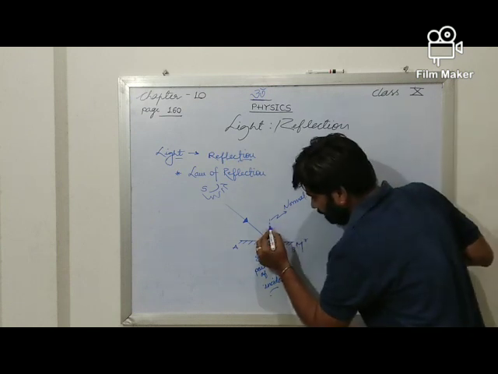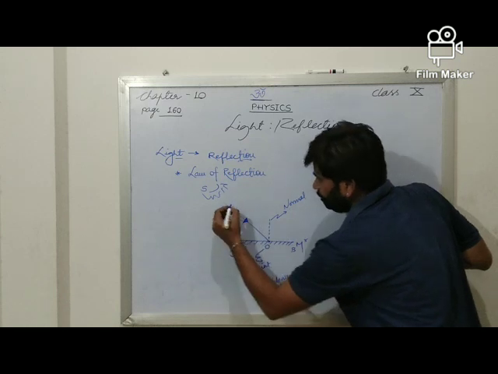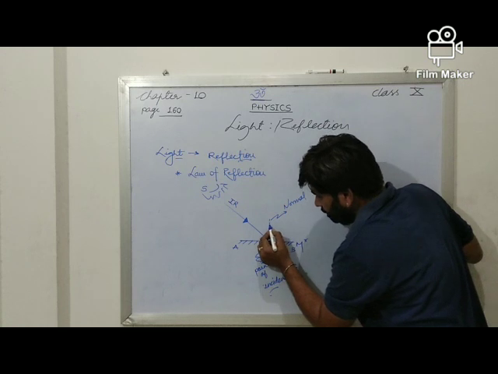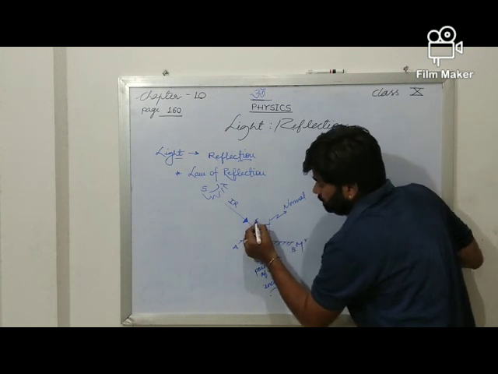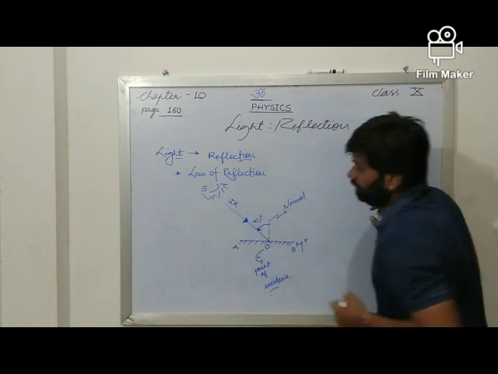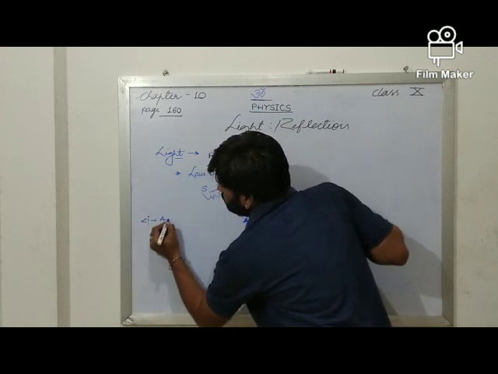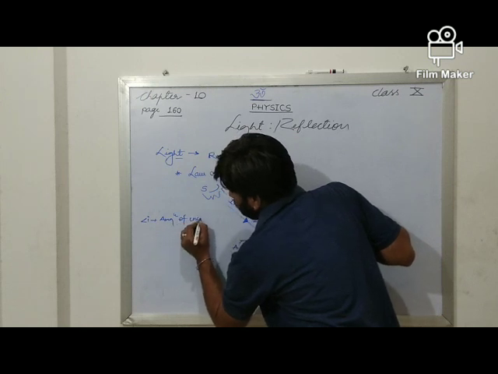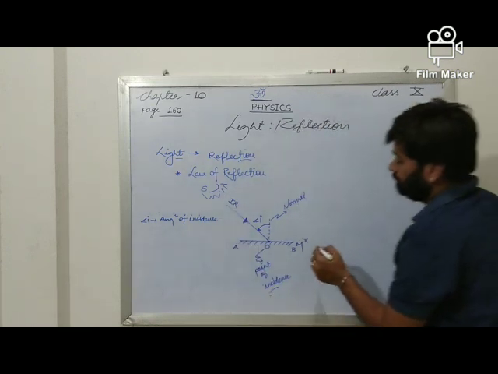Now we see the angle made by this incident ray. This is the incident ray. The angle made by this ray with the normal, say this is the angle I. What is angle I? This is the angle of incidence.